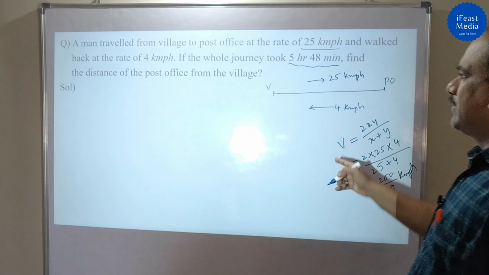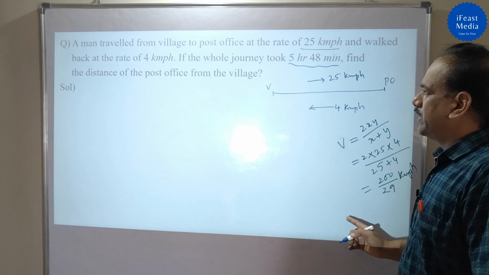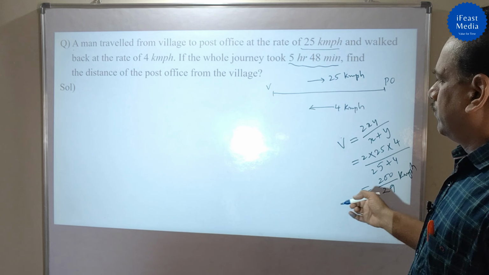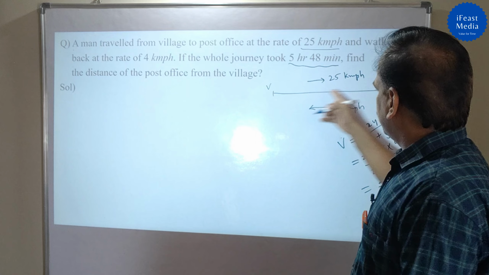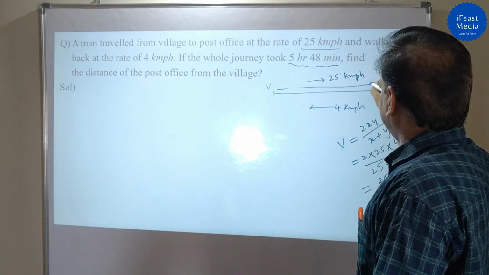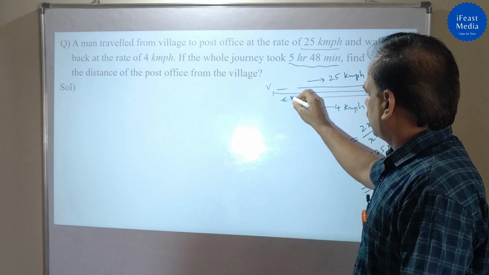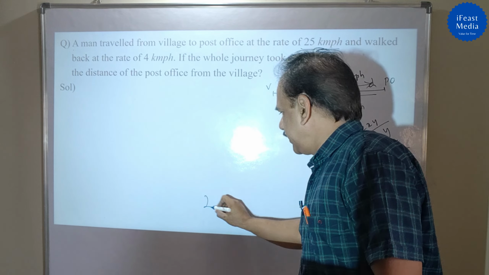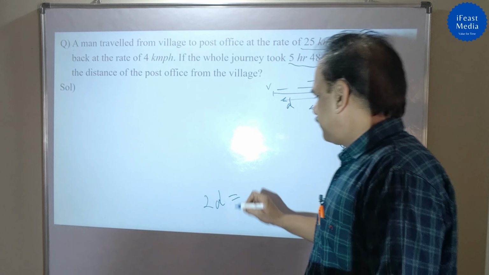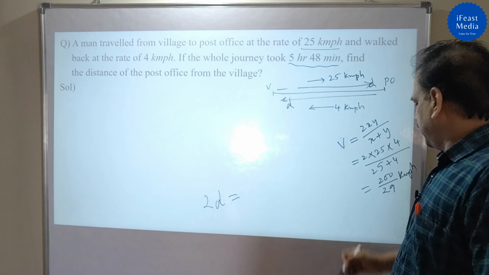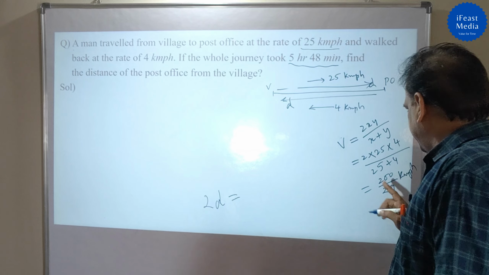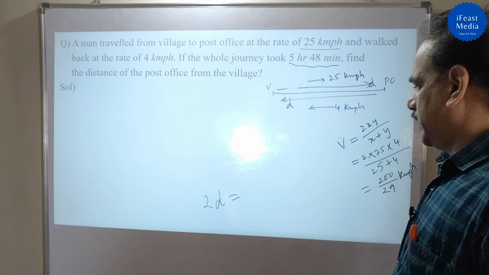So the average speed is 200 by 29 kmph. The whole journey, what is the whole journey? It is distance d plus d, 2d. So he covered a distance of 2d at a speed of 200 by 29 kmph.